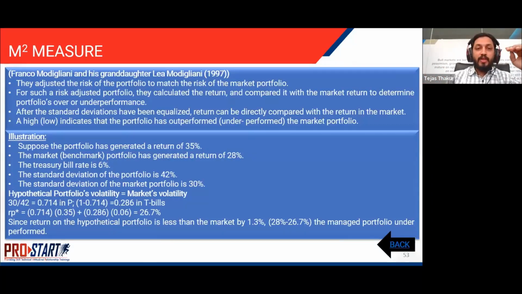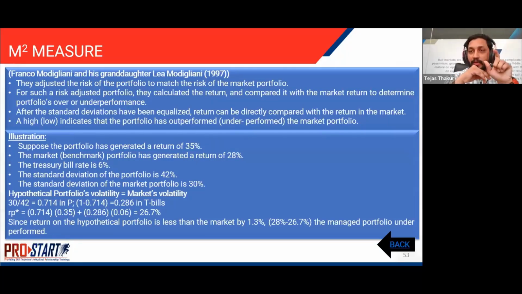Now, the standard deviation of the portfolio here is 42%, while the standard deviation of the market portfolio is 30%. So what it means is, if I were to deploy in two portfolios and ensure that the overall investment has the same risk as compared to the market, I will have to bring the standard deviation of the portfolio to not 42% but to 30%.